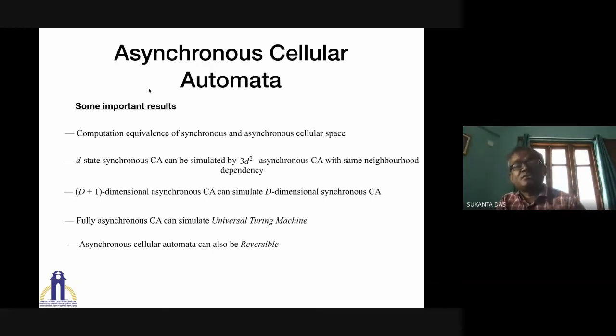But as we have discussed, asynchronism is in general the opposite of reversibility. You have seen in the example I gave that from one configuration it can go to two configurations. So how can I get this one-to-one, bijective mapping?